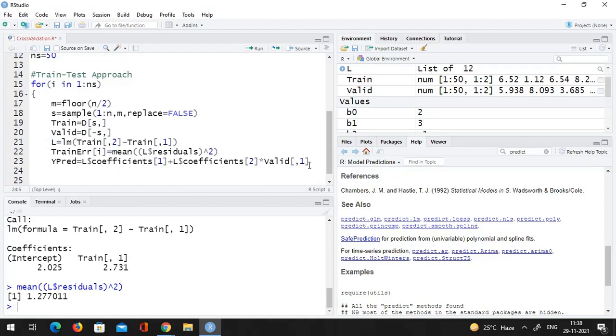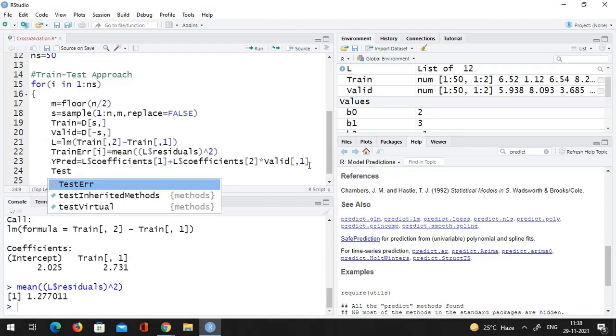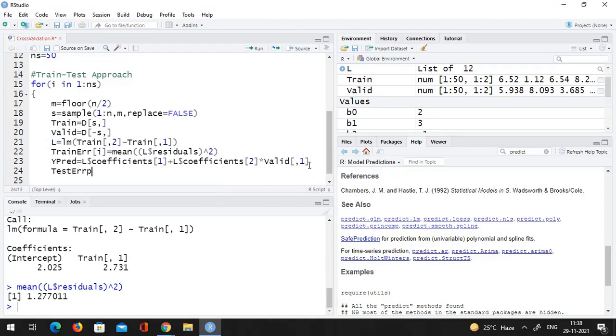Okay, so I have predicted now. So test error for this particular student would be the mean of, now I want to calculate the residuals here. What is the formula for residuals? Y minus y hat or y hat minus y? Anyway, we are taking square, so it doesn't really matter.